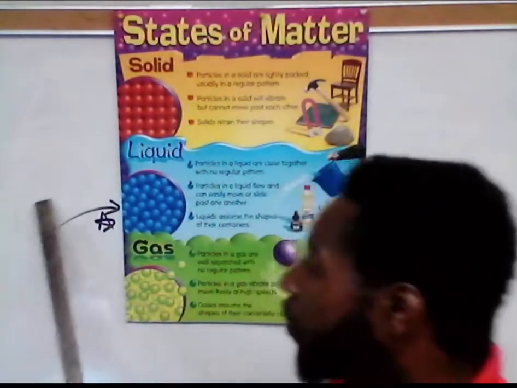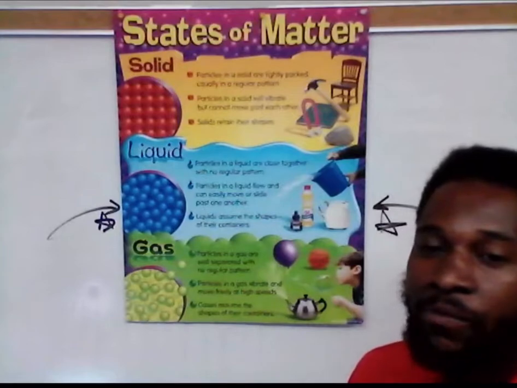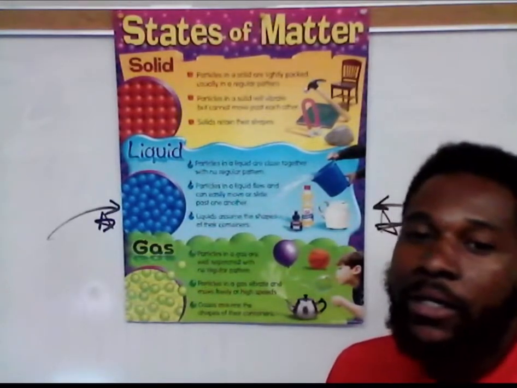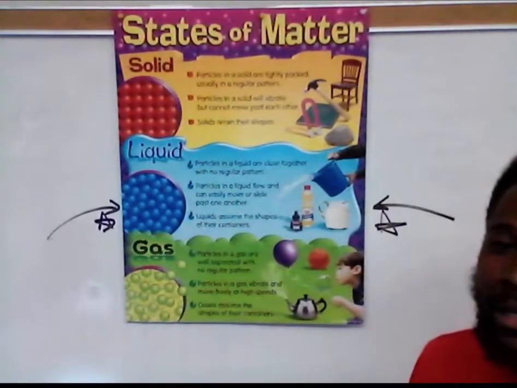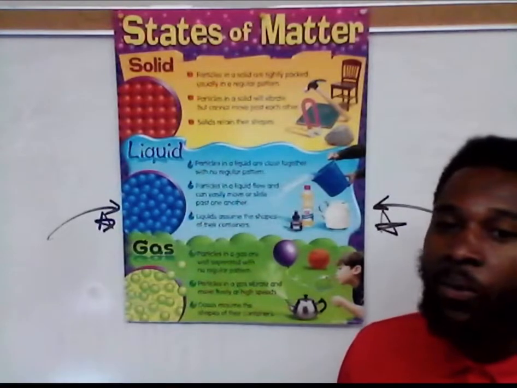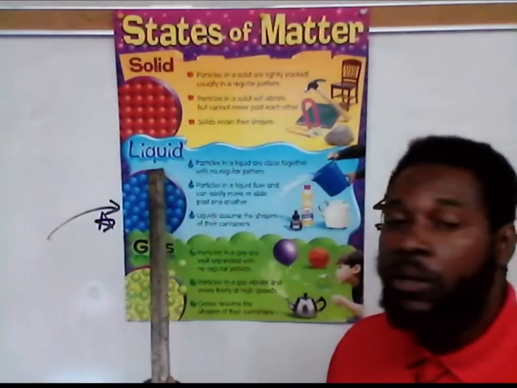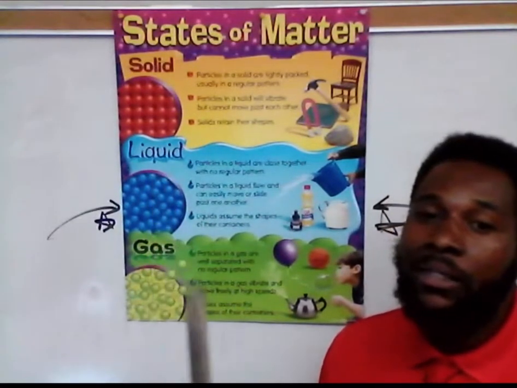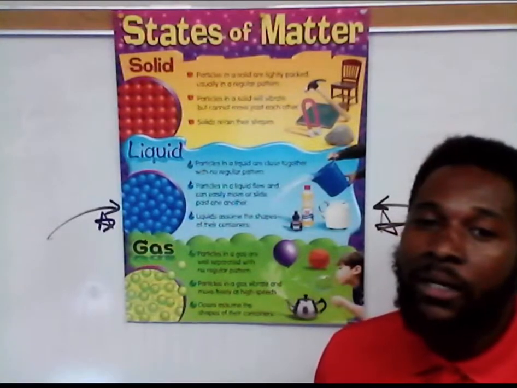Let's take this middle one here for a second. A liquid is very important to all organisms. For us as humans, water is one of the most important substances we can consume. Why? Because there is another form of a liquid within our bodies called blood. Your blood has a lot of water within it.